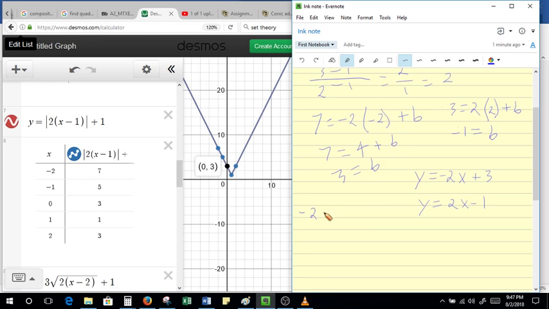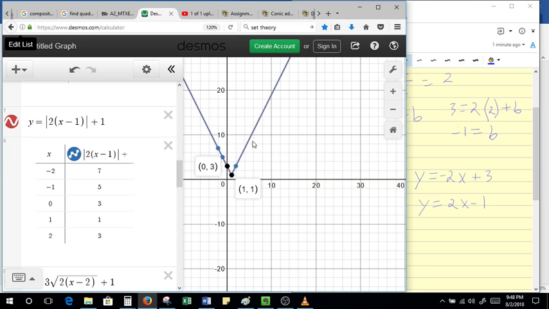Negative 2x plus 3 equals 2x minus 1. Let's move this over here. So we're going to get 3 equals 4x minus 1. Move the 1 over. 4 equals 4x. 1 equals x. So when x equals 1, we have our point where they reflect over.